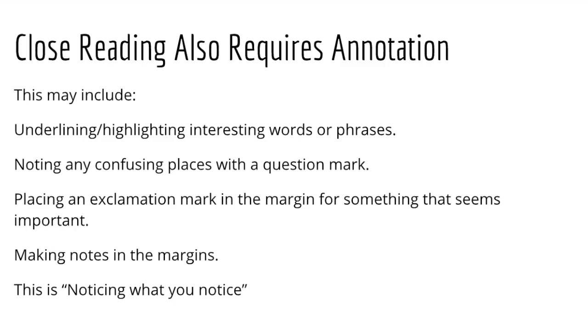You're underlining or highlighting things, and you're looking for key phrases or key ideas, repetitions or what have you. One way I've seen this described in a book called Literature for Composition is that it's really noticing what you notice, what stands out to you.